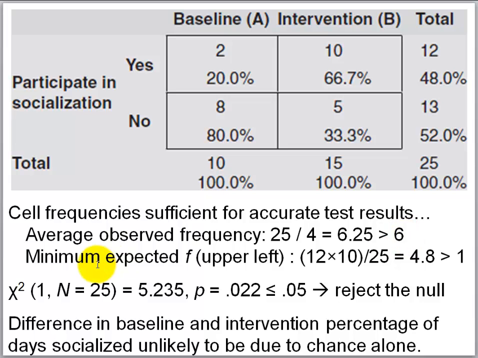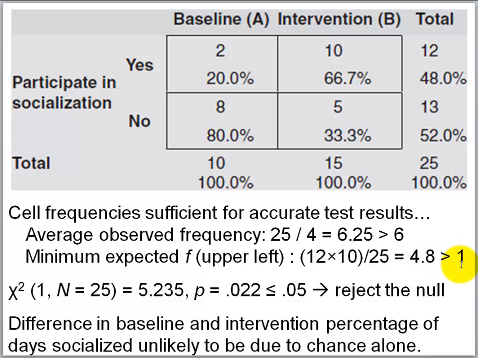From that perspective, for chi-square results to be accurate in a 2 by 2 table, we also need the minimum expected frequency to be greater than 1. I don't show the calculation of the expected frequencies here, but the expected frequency in the upper left cell was the smallest expected frequency, and it calculated to 4.8. Well, I guess we do show the calculation. 12 times 10 divided by 25 calculates our expected frequency of 4.8, and that's greater than 1.